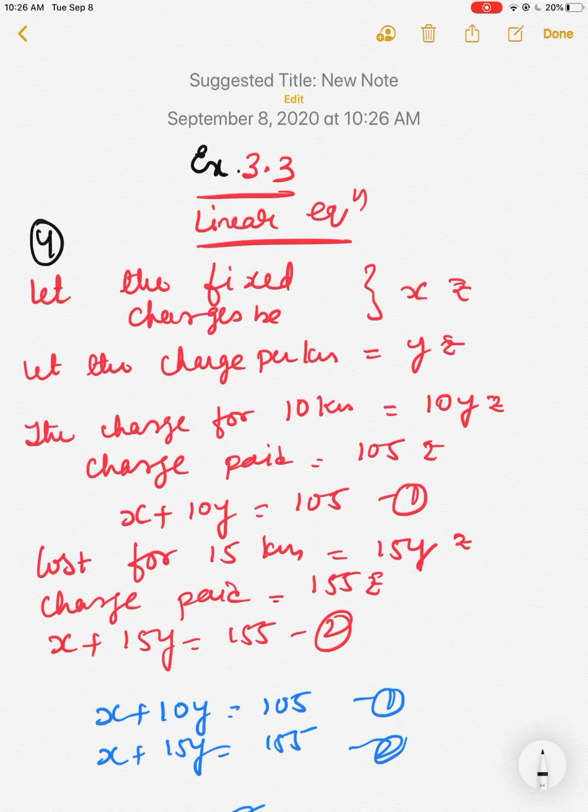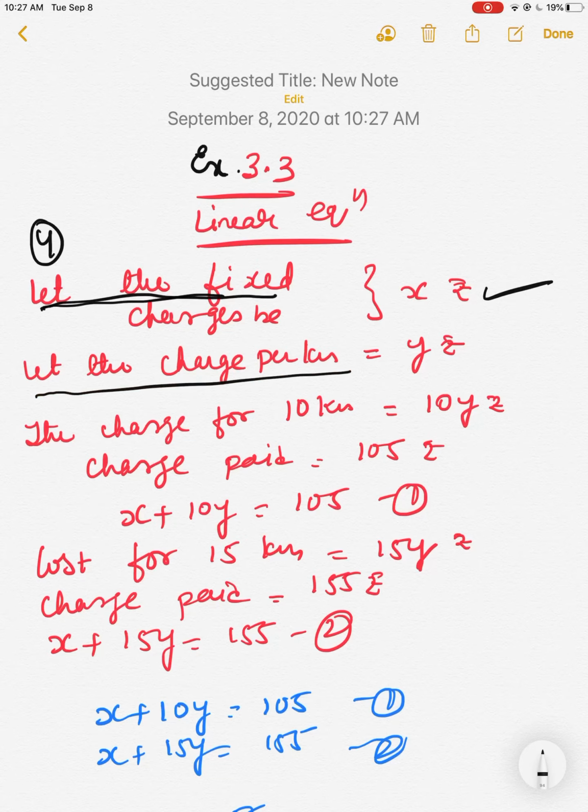Okay, now the person is traveling by taxi in a city, so he is charged a certain amount that is fixed, and in addition to that fixed amount, according to the kilometers traveled, he has to pay money. So let us take that the fixed amount is equal to x rupees.